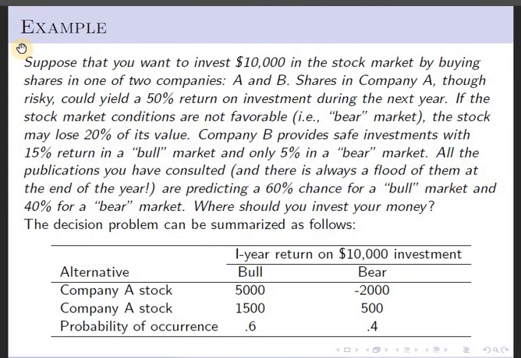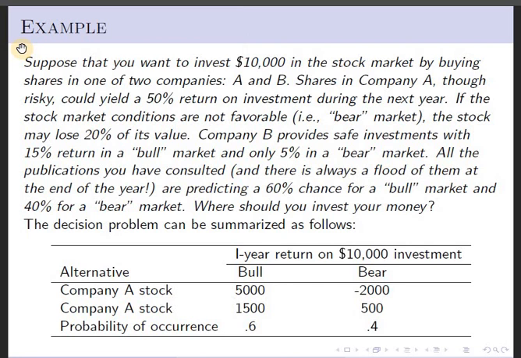Suppose you want to invest $10,000 in the stock market by buying shares in one of two companies, A and B. Shares in company A could yield a 50% return on investment during the next year if the market condition is favorable.